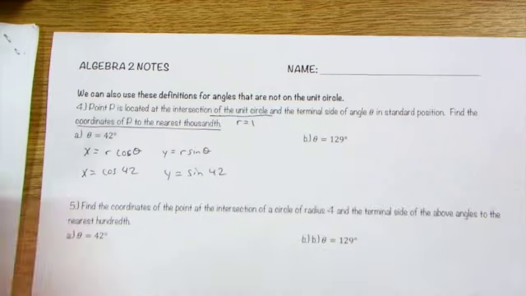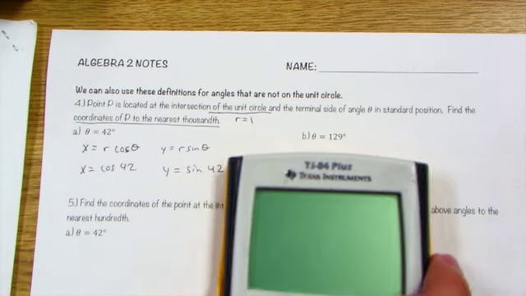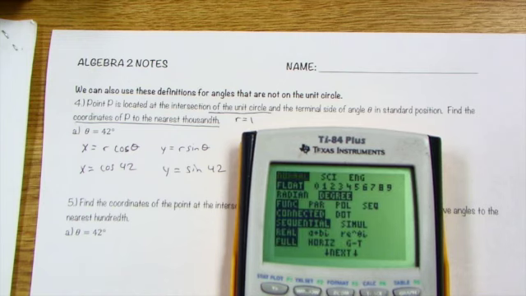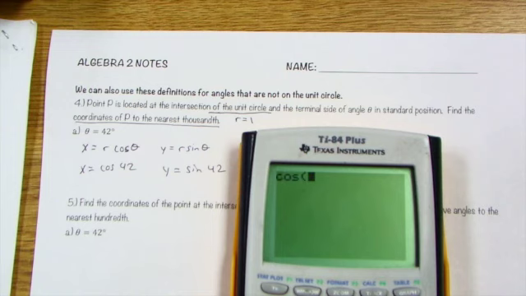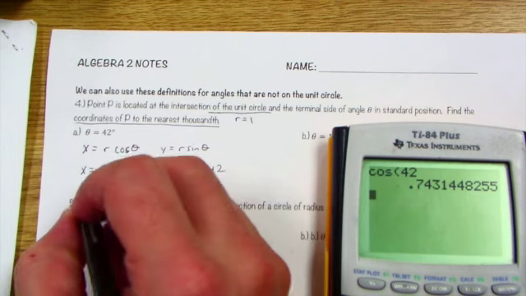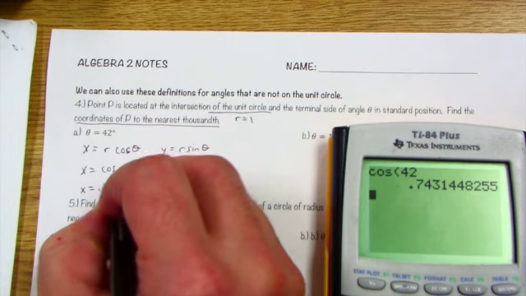We can just plug those in our calculator. We want to make sure that we're in degree mode. So mode, yep, we're in degree. So cosine of 42, to the nearest thousandth, is 0.743. X equals 0.743.